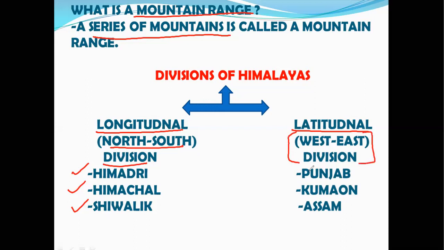And the west to east division of the Himalayas is the Punjab Himalayas, Kumaon Himalayas and Assam Himalayas. In this topic, we will basically cover the longitudinal division of the Himalayas.